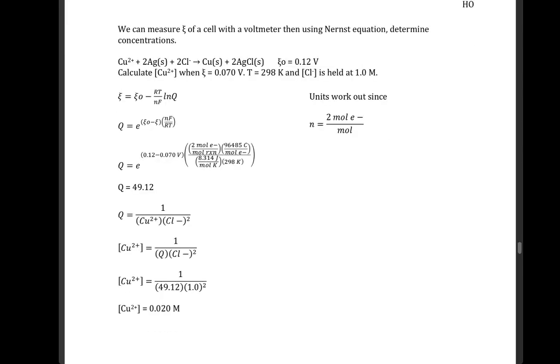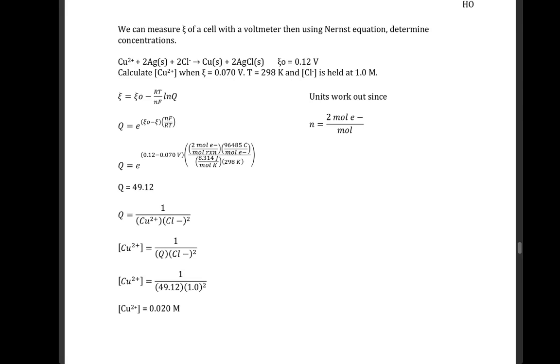We can measure the potential of a cell with a voltmeter. Then, using the Nernst equation, we can determine concentrations of the substances in our cell. So let's say we have this reaction here, copper 2 plus 2 Ag solid plus 2 Cl minus yielding copper solid plus 2 AgCl solid.